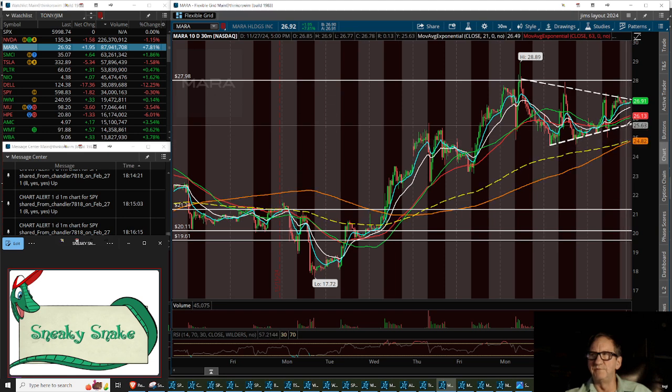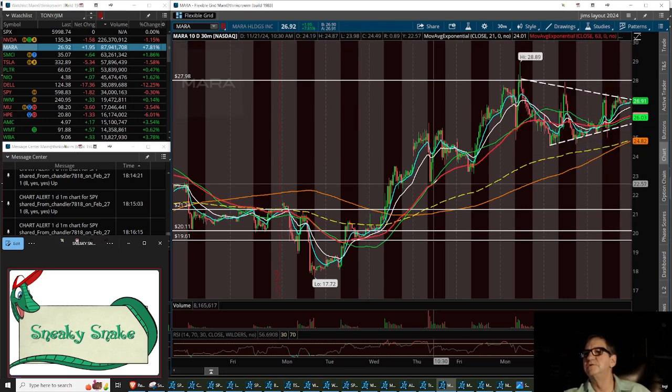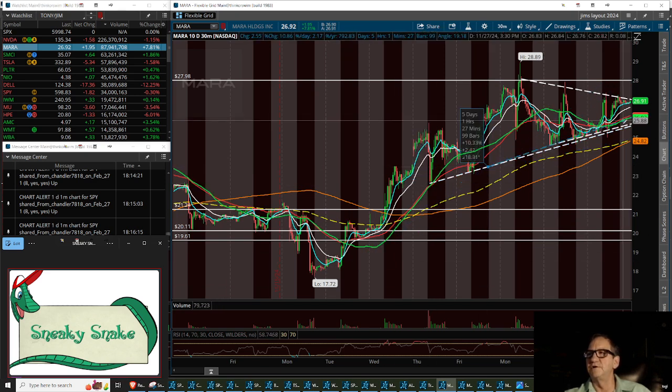If it does break down below that triangle, I'll pick it up here off the 200 EMA. And if that doesn't hold, we got another trend line right here. So I'm looking for trend lines, and that's a double confirmation that that's pretty solid support right there.